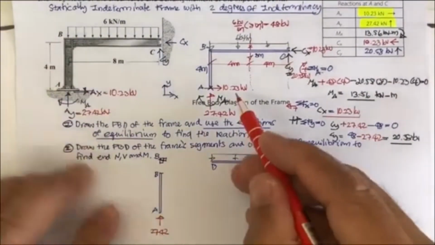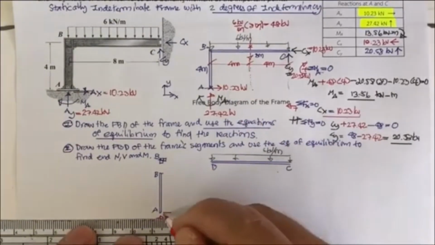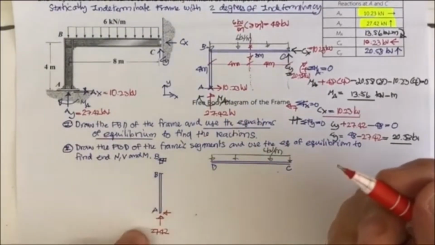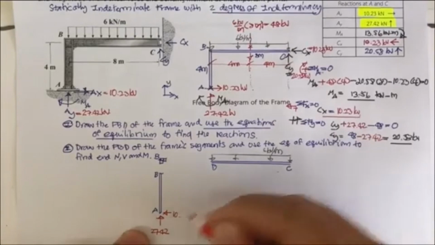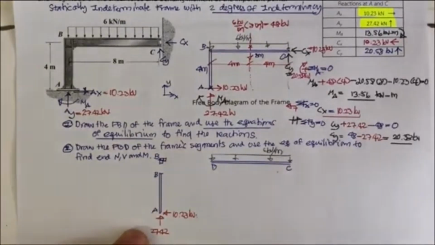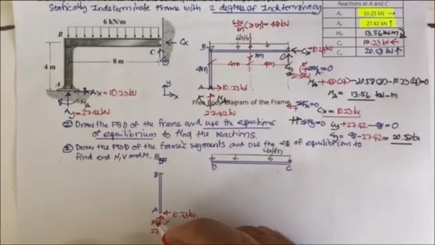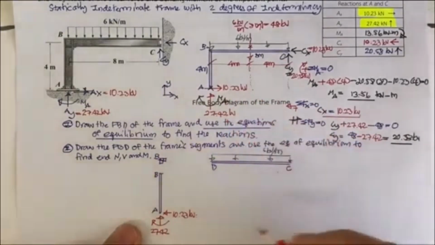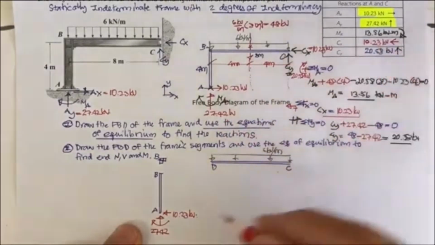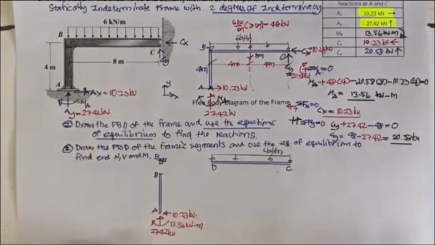That is going to be 27.42, and this is going to be horizontal force of 10.23 kilonewton. And you have the moment m sub a, in this one going to be m sub a going to be 13.56 kilonewton meter.